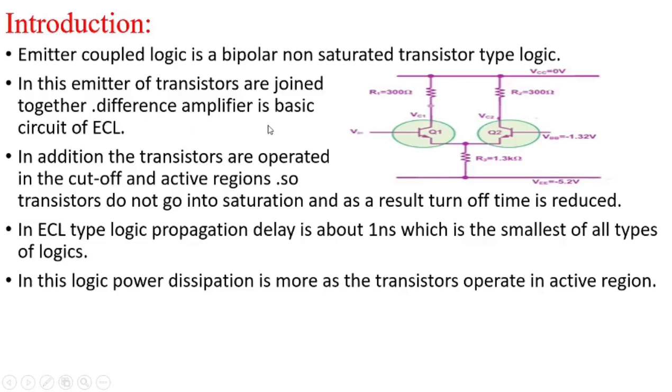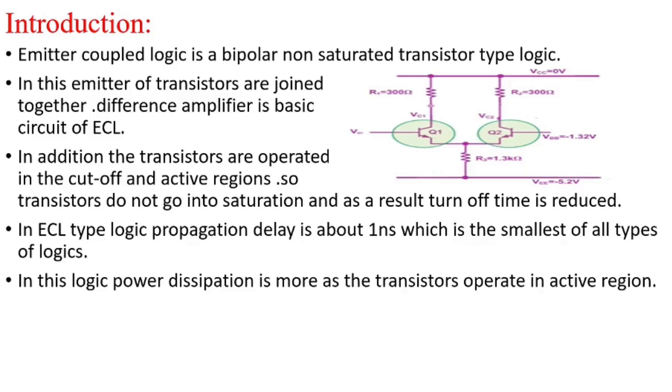Difference amplifier is a basic circuit of emitter coupled logic. It means that in this circuit we are using two transistors, that is Q1 and Q2, and these two transistors' emitter terminals are cascaded to form an emitter coupled logic. So when this emitter coupled logic circuit makes a transition from one state to the other state, it acts as a differential amplifier.